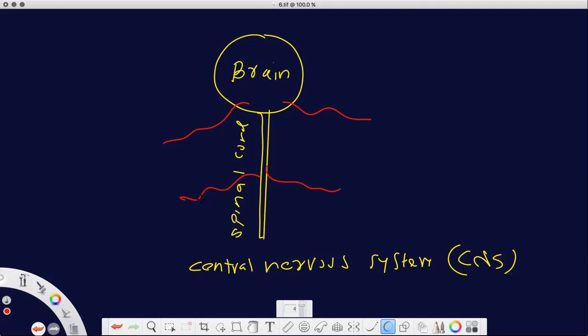The nerves which come from the brain are known as cranial nerves. The nerves which come from the spinal cord are known as spinal nerves. Now these two together we consider as the peripheral nervous system.